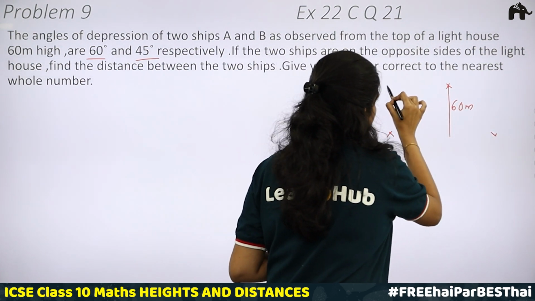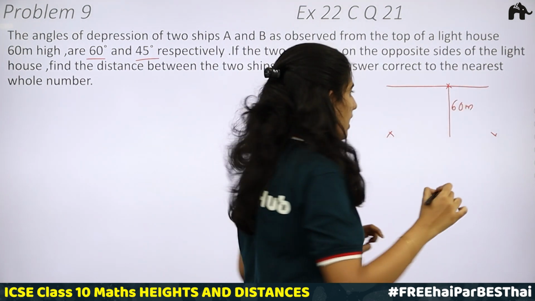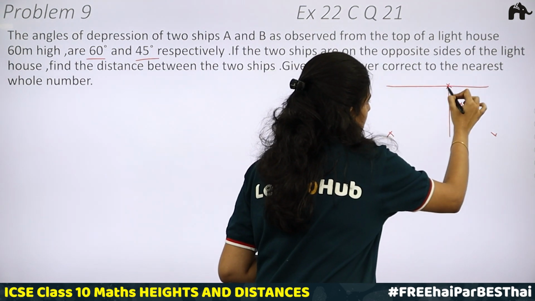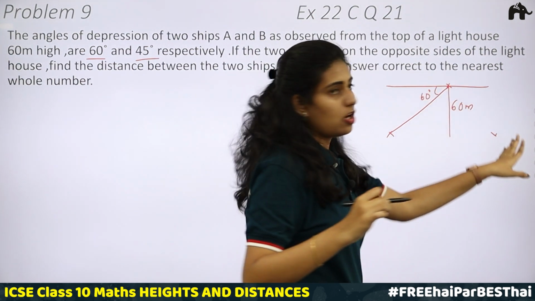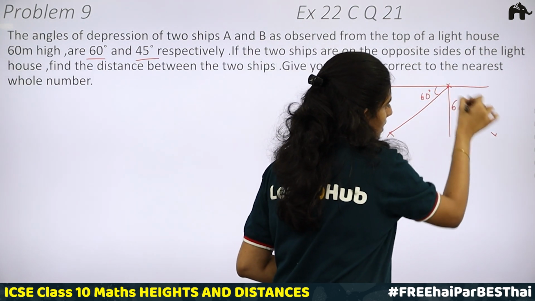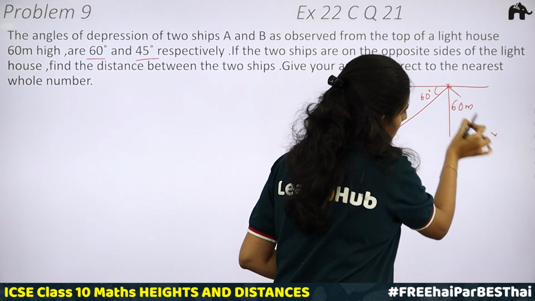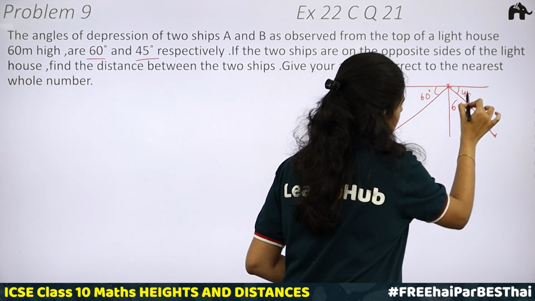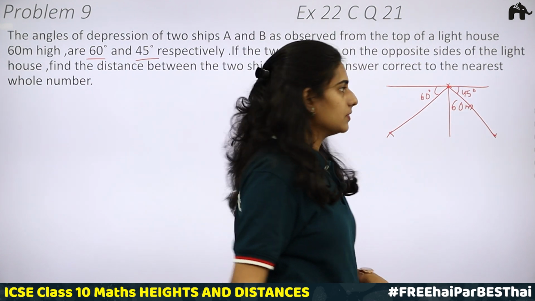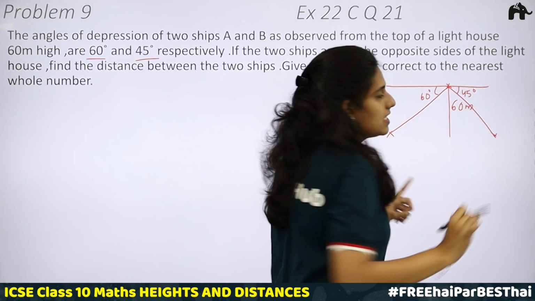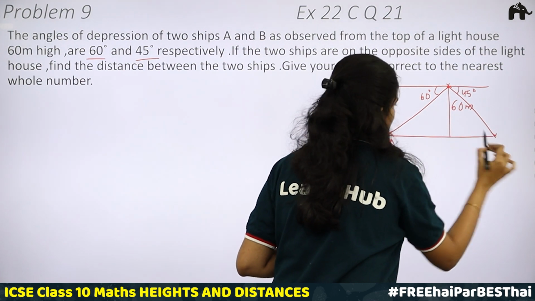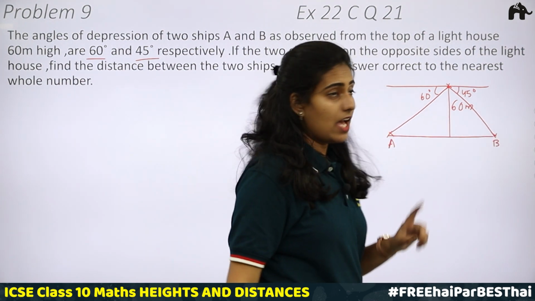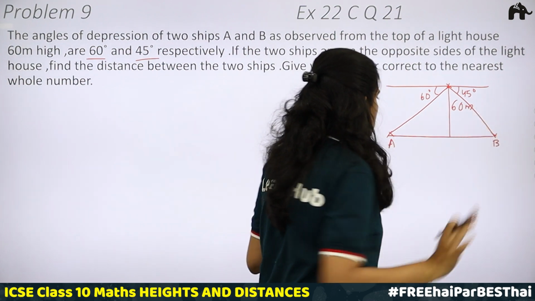Here, this is a horizontal line, and in the first case, the angle of depression is 60 degrees, and to the opposite side, when you look at this ship, the angle of depression is 45 degrees. We have to find the distance between the two ships. Let us take this point as A and this point as B. We have to find the distance between the two ships, AB.